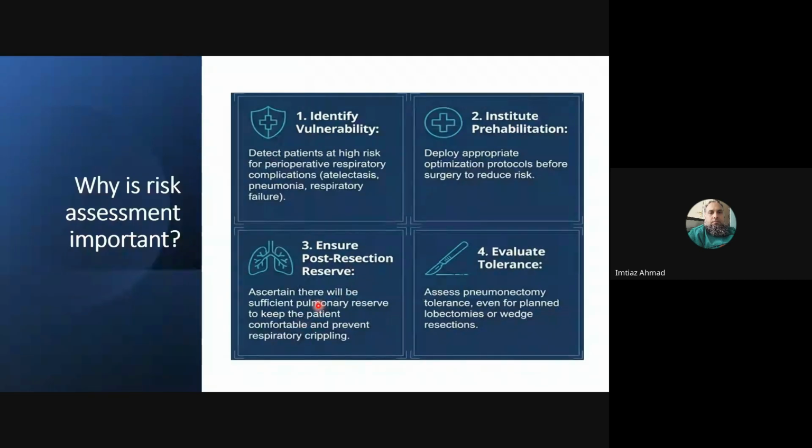And then ensure post-operative resection reserve, that is to ascertain there will be sufficient reserve to keep the patient comfortable and prevent respiratory crippling. And evaluate tolerance, assess for pneumonectomy, even if planned procedure is lobectomy or wedge resection.